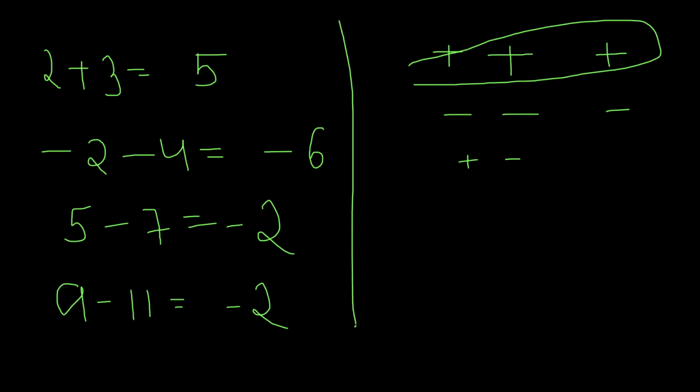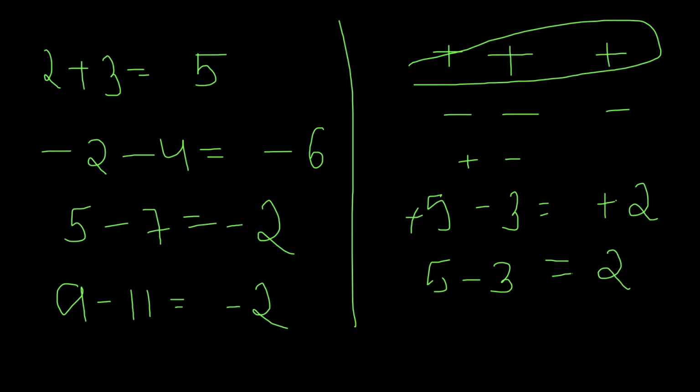Suppose you had 5 minus 3. In this case, the absolute value of 5 is 5, the absolute value of minus 3 is 3. The difference is 2. But here 5 is the integer with the greater absolute value, so the sign is plus. So the positive sign would be here. So 5 minus 3 equals 2.